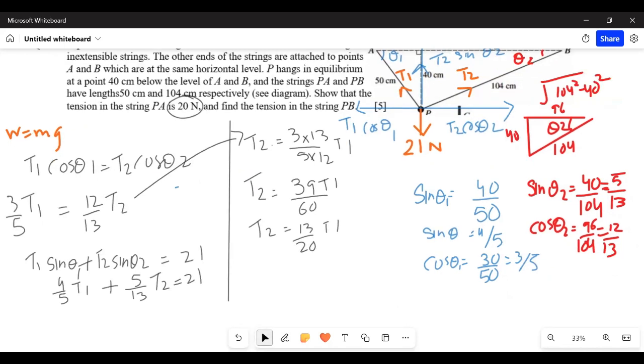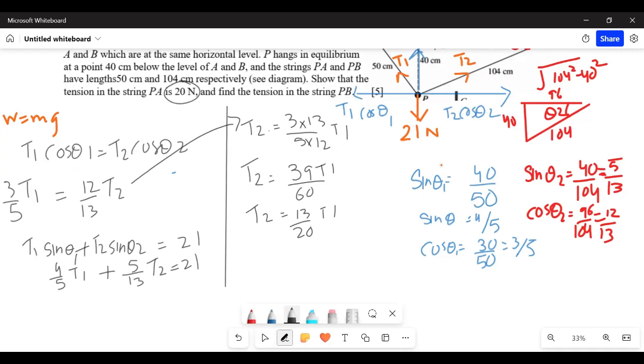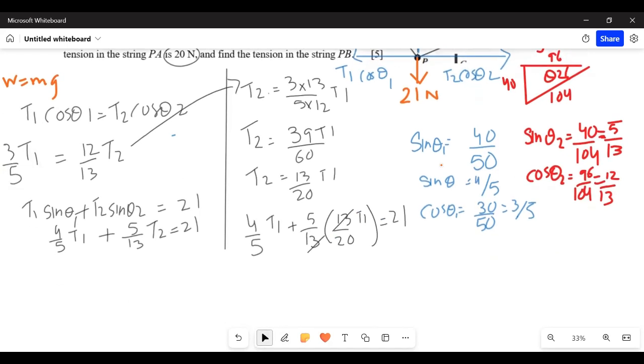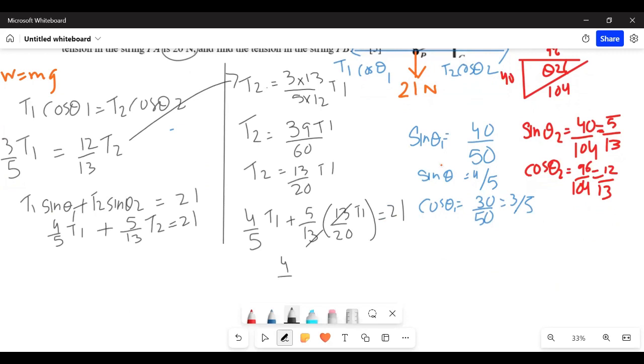Let's substitute it in the first equation: 4 by 5 T1 plus 5 by 13 times 13 by 20 T1 equals 21. Okay, so we get 4 by 5 T1 plus 5 by 20, which is again 1 by 4 T1, equals 21.